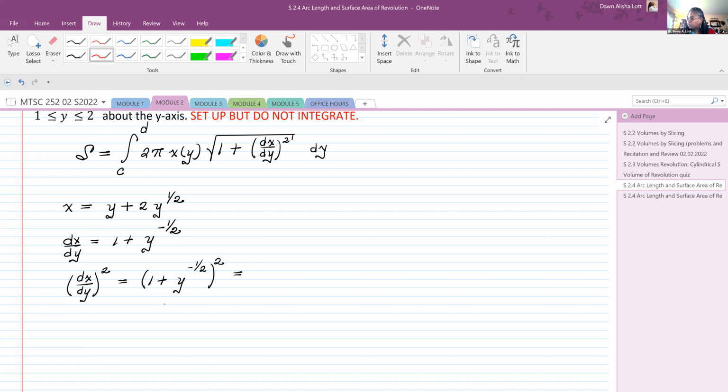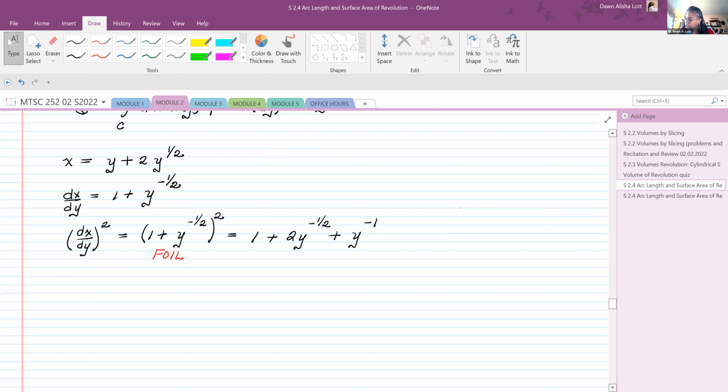And we have to FOIL this. I'll try to tell you where when we FOIL. So this is going to give me 1 plus 2y to the negative 1/2 power plus y to the negative 1.